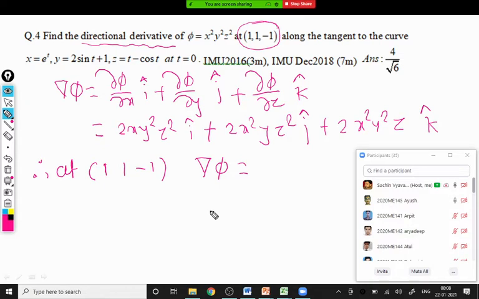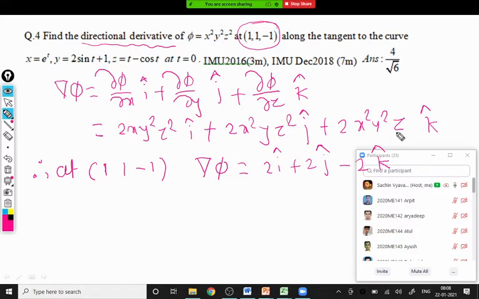Tell me, what is the del phi here? 2 i cap plus 2 j cap minus 2 k cap. Correct. So here z is only negative, the others had a square, so it is obviously 2 i cap plus 2 j cap minus 2 k cap, which is the correct answer.